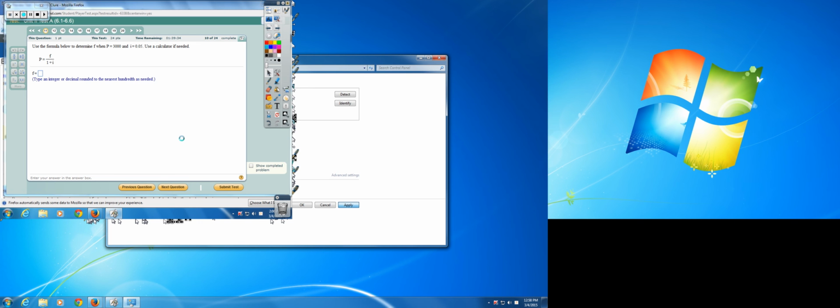All right, what kind of formula problem is this? Plug and chug or solve? Huh? Plug and chug. You're going to need a calculator, so. Plug and chug.